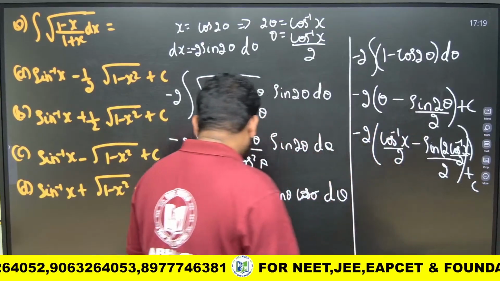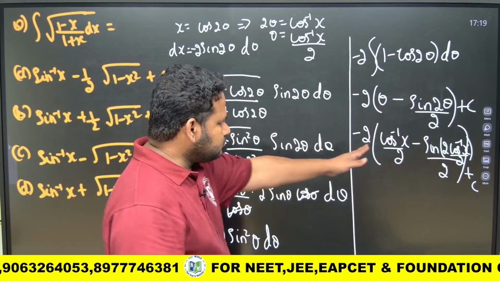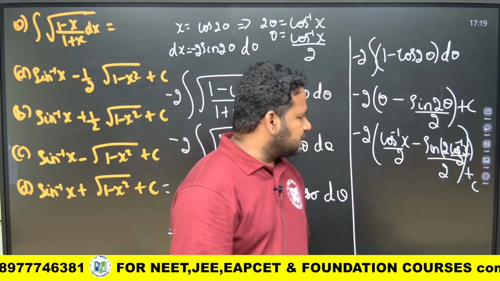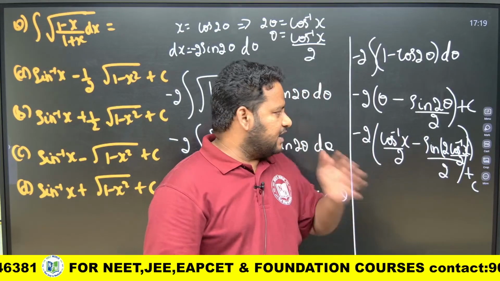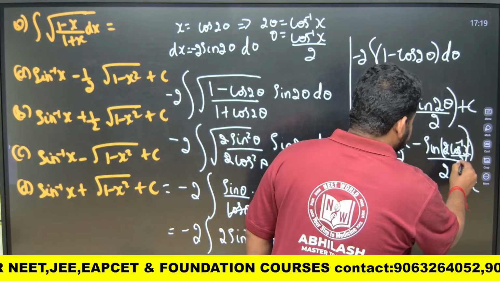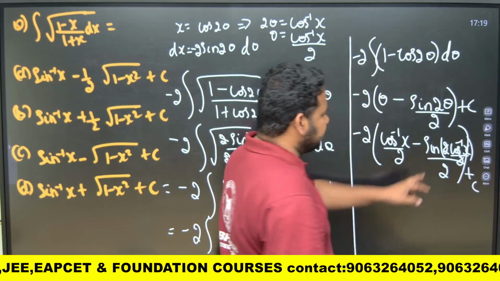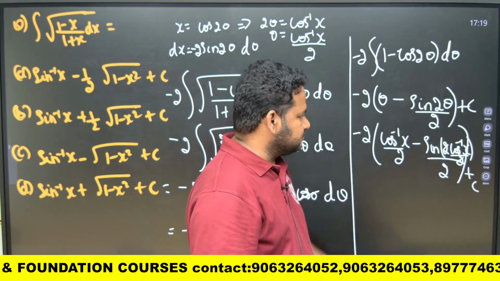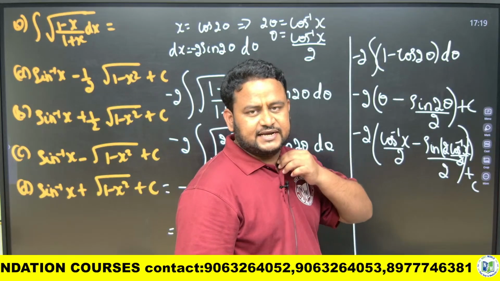Now taking this, we have sine of 2 cos inverse of x. I want it in terms of sine, but I have it in terms of cos. Here I have 2 and here I have 2, so I can cancel. I have it in terms of cos inverse of x, so if something is in terms of cos, how can I write it in terms of sine?